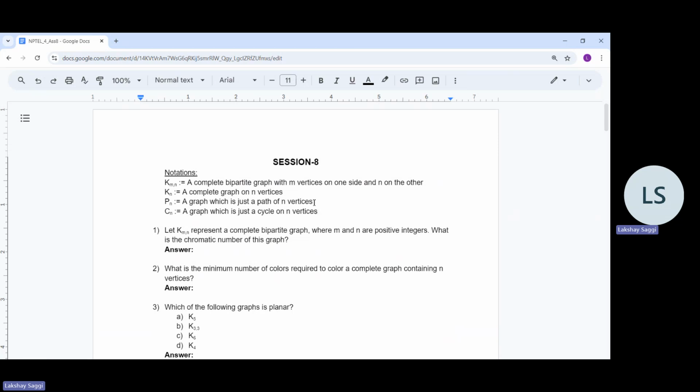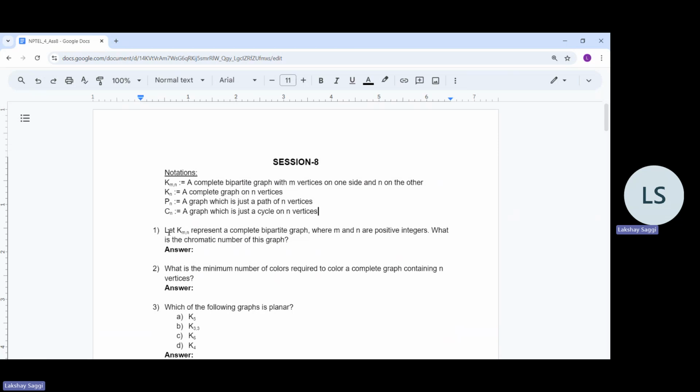It would be something like a quadrilateral, and that is what we call a C_n. So that will be C_4, a cycle on four vertices. Similarly, a C_n in general denotes a cycle on n vertices. So I guess since we are clear with the notation, we can move on to the questions then.